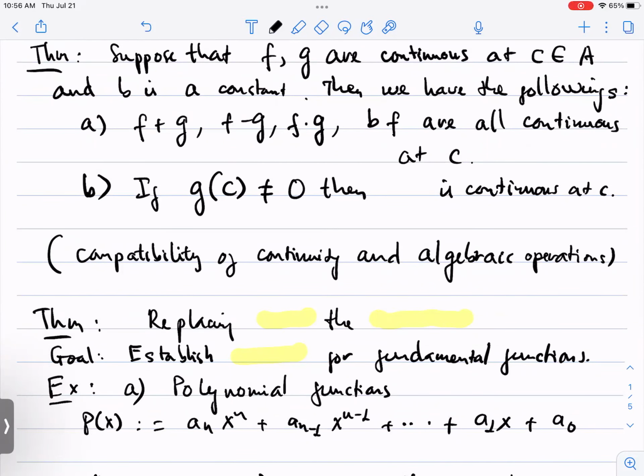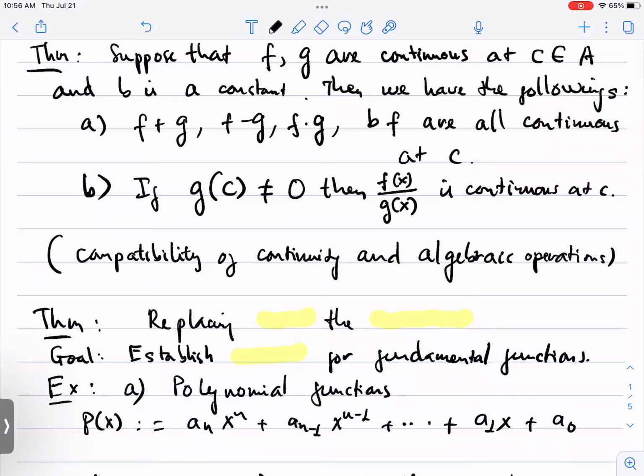Furthermore, if g of c is different from 0, then the rational function, the quotient f of x divided by g of x is also continuous at c.